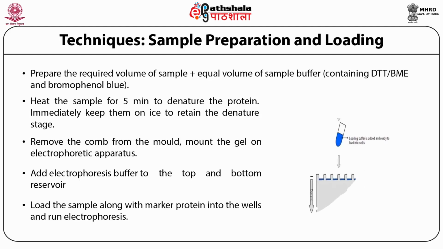SDS, DTT and heat are responsible for the actual denaturation of the sample. SDS breaks up the 2 and 3-dimensional structure of the proteins and adds negative charge to the amino acids. Therefore, the proteins are more or less straightened out and immediately rendered functionless.